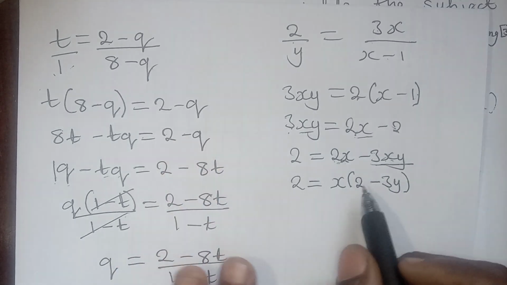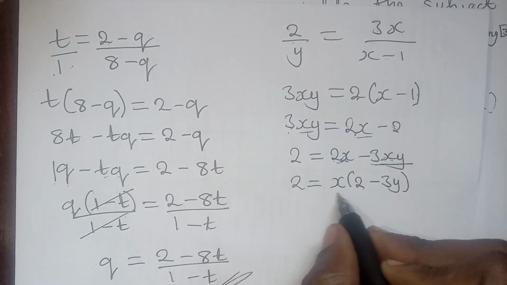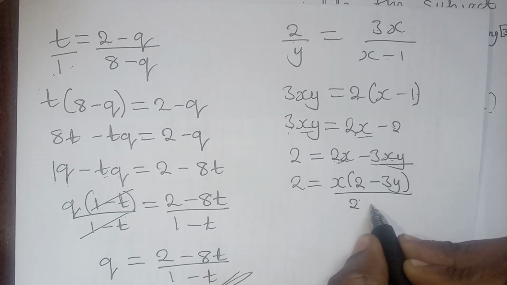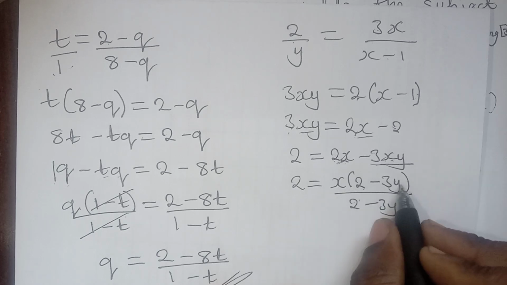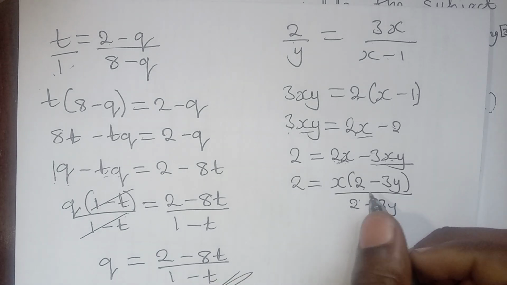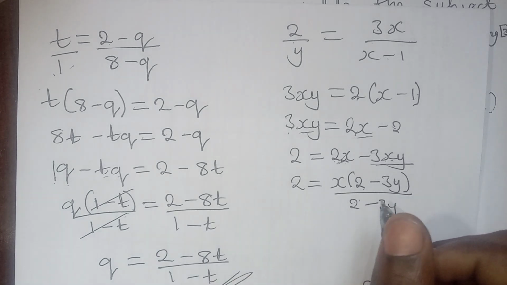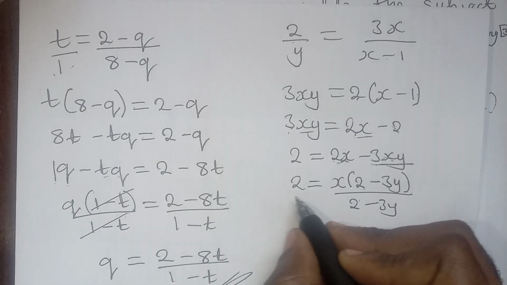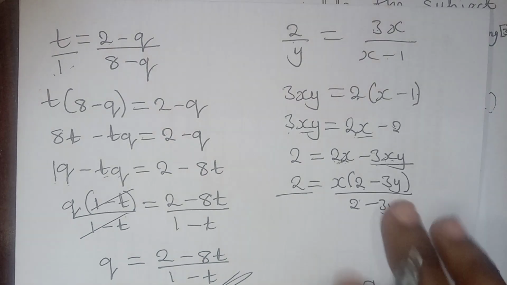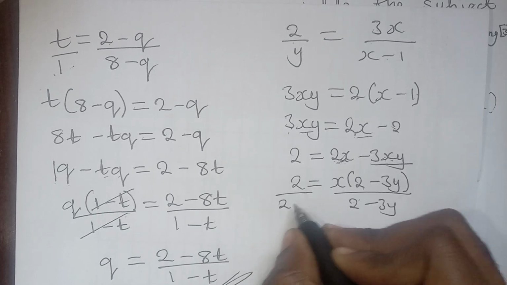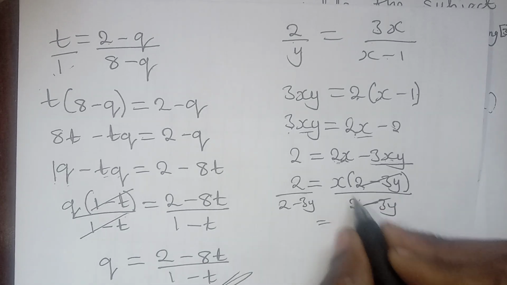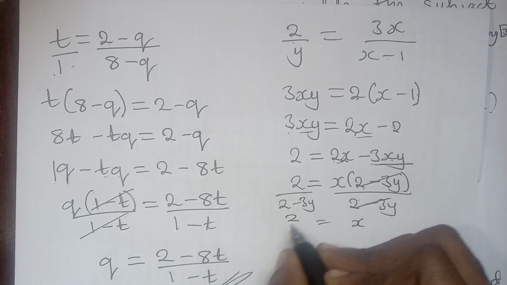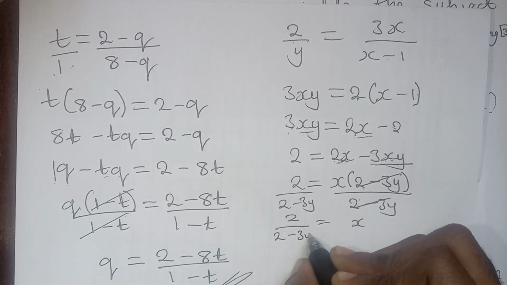And then to make x the subject of the formula, you can simply divide both sides by 2 minus 3y. This part here is the coefficient of x, or the part which is stopping you from having x as the only variable on the right hand side. So this is 3y. So this and that will go. Then you remain with an x is equal to 2 minus 3y.